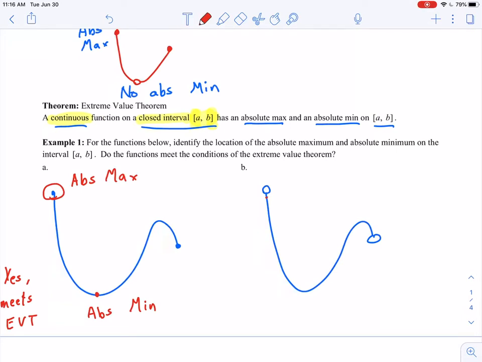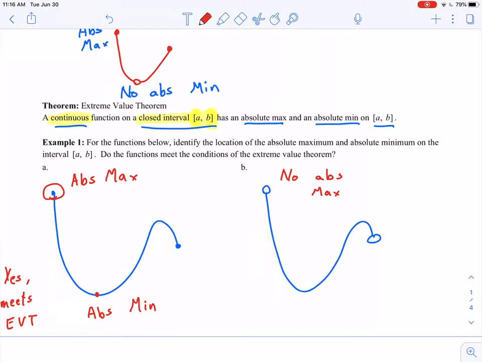And we can't pick that highest point because, remember, we can keep zooming in on that. We can keep getting a little bit closer and a little bit closer. So in this case, I have no absolute maximum. I can't pick an absolute maximum because there is no single highest y value here.